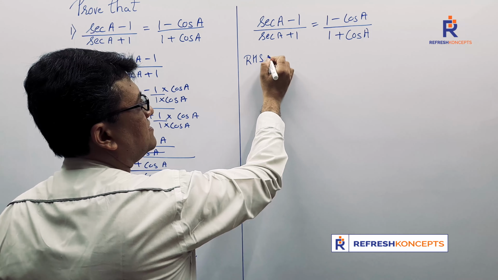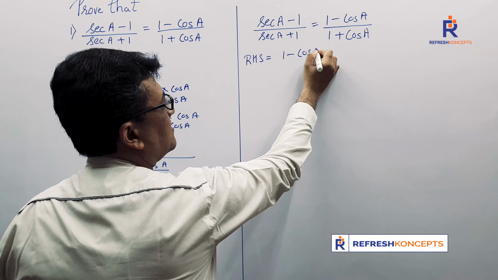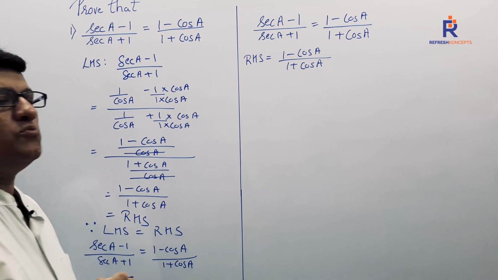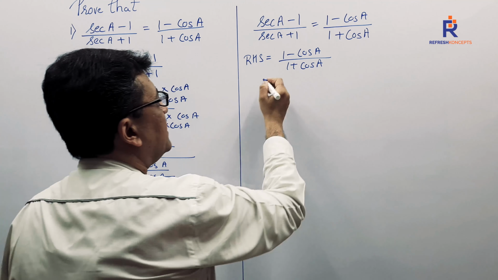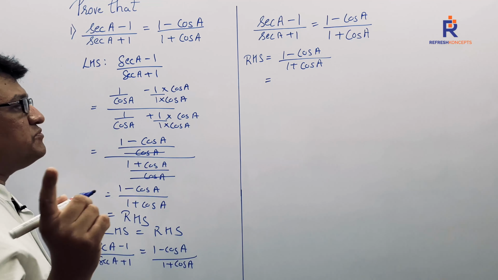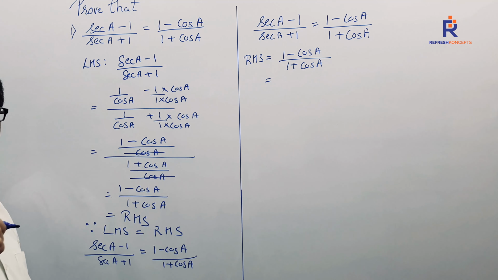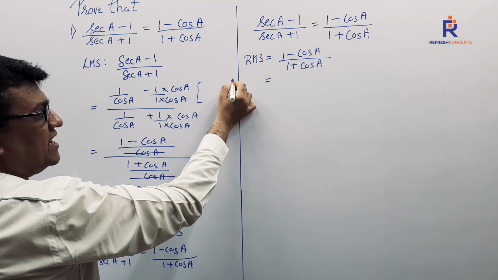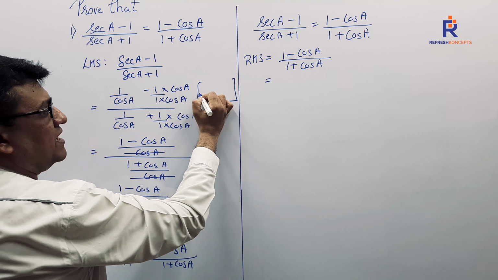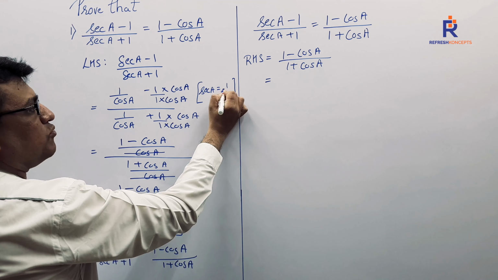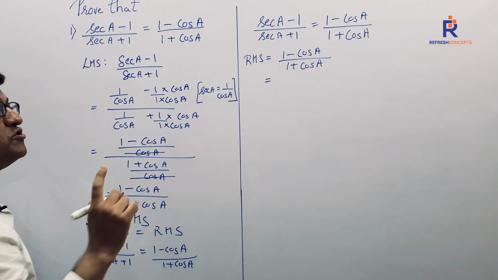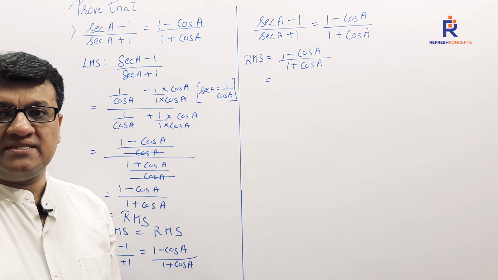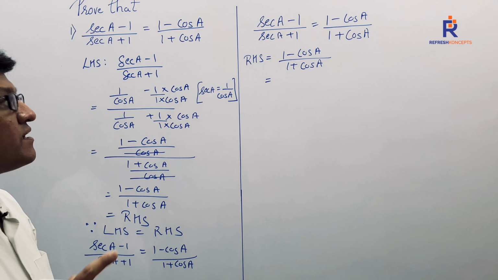So RHS is 1 minus cos A upon 1 plus cos A. Now children, I'm so sorry, I forgot: wherever we make use of a relation, we need to mention it. Here I need to mention that sec A is nothing but 1 by cos A. Wherever you apply identities, mention them beside the step.